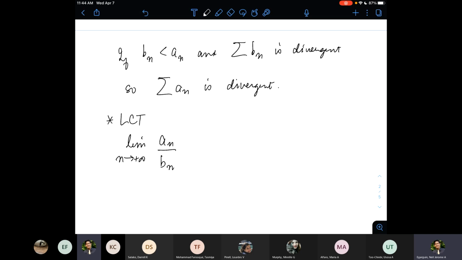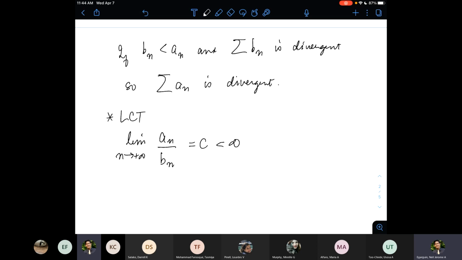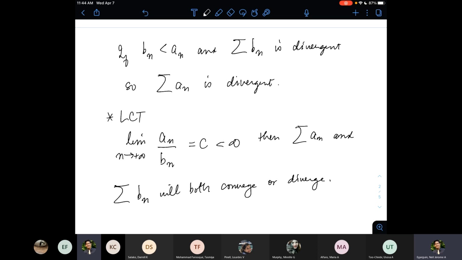And if it is a constant, a constant finite value, then the two series will both converge or diverge. Okay. So the idea here is that if you take the limit of An over Bn, the ratio will go to a constant value.